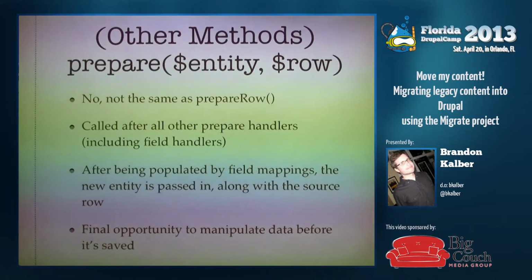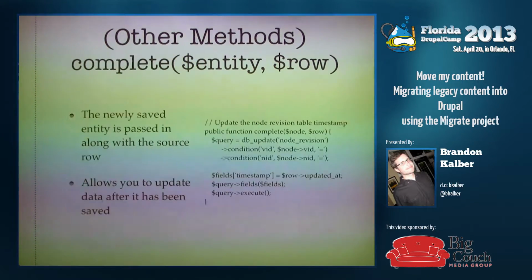At this point, it's still going to accept the source row as an object, but it's also going to have the new entity, the entity that will be saved in Drupal. It hasn't been saved yet, but it's already formulated and about to be saved. So this is the last chance you have to manipulate any data before it gets populated into the Drupal record.